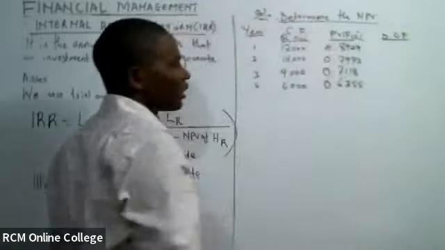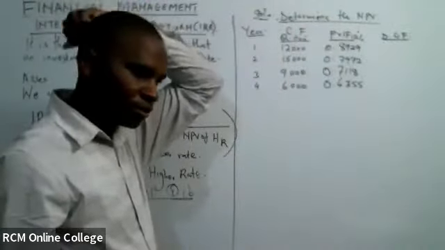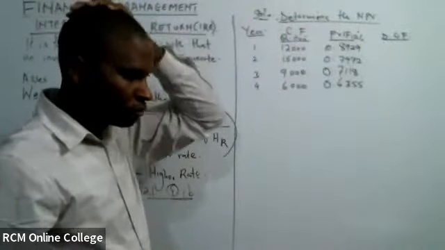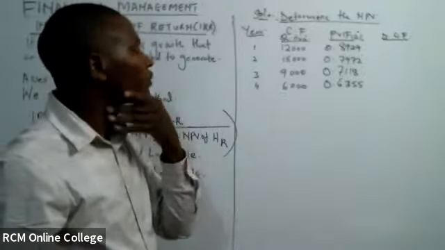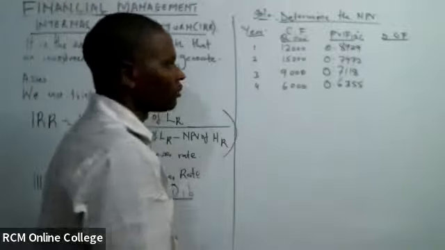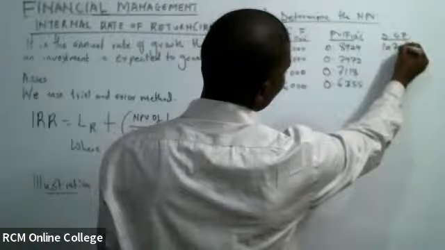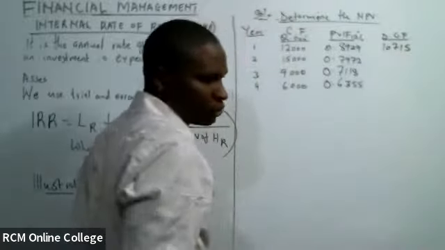Just take the cash flow times the PVF. The first step: you can eliminate the decimal points. 10,715. Let's use the whole number.